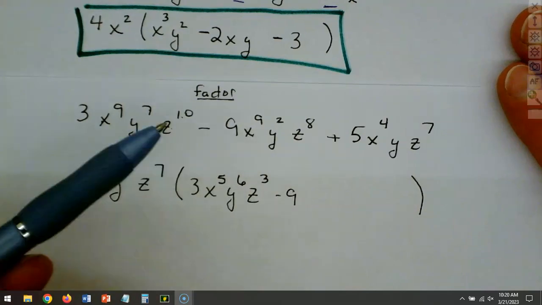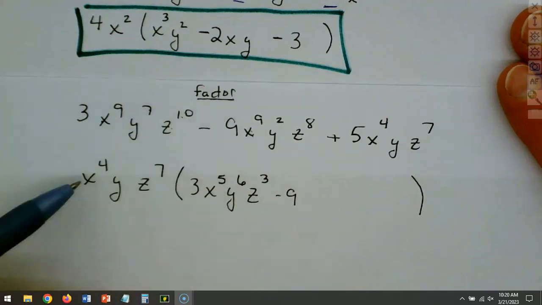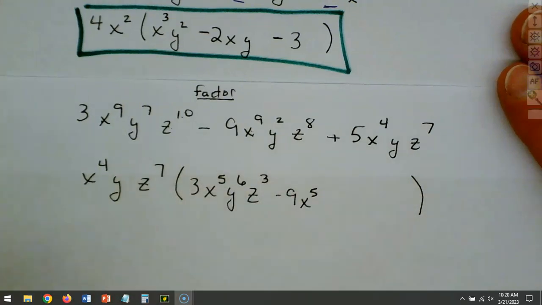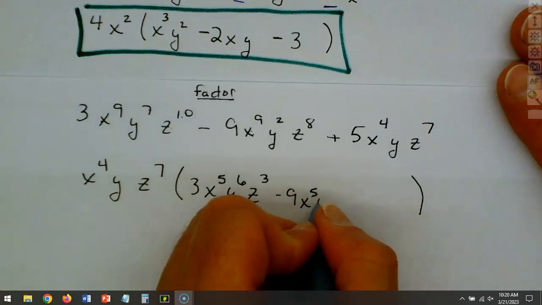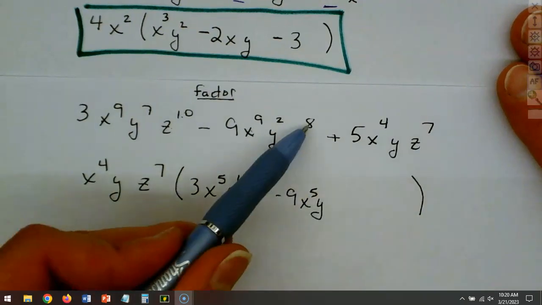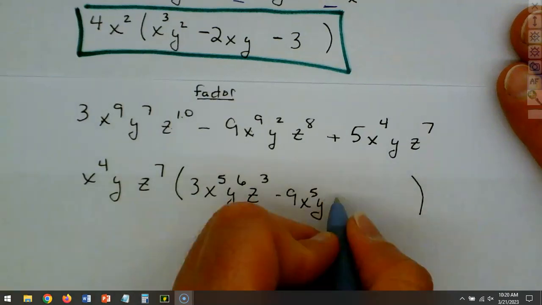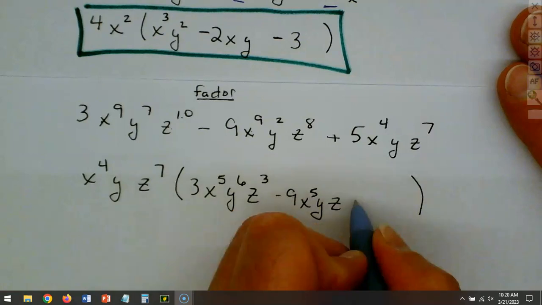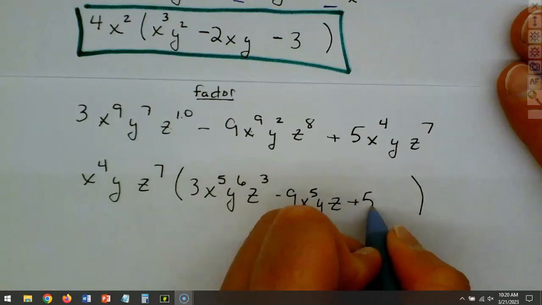X's, we have 9 of them. Take out 4. That again leaves you with an x to the 5th. Y's, we have 2. Take out 1. That leaves you with a y. Z's, we have 8. Take out 7. That leaves you with a z. Finally, we have a 5.